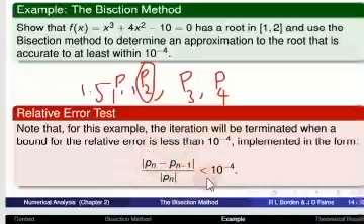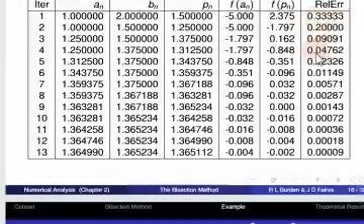Like that, you can find these relative errors, right? Look at this one here: this relative error is less than 10 to the power minus 4. Then you can choose this as the root.